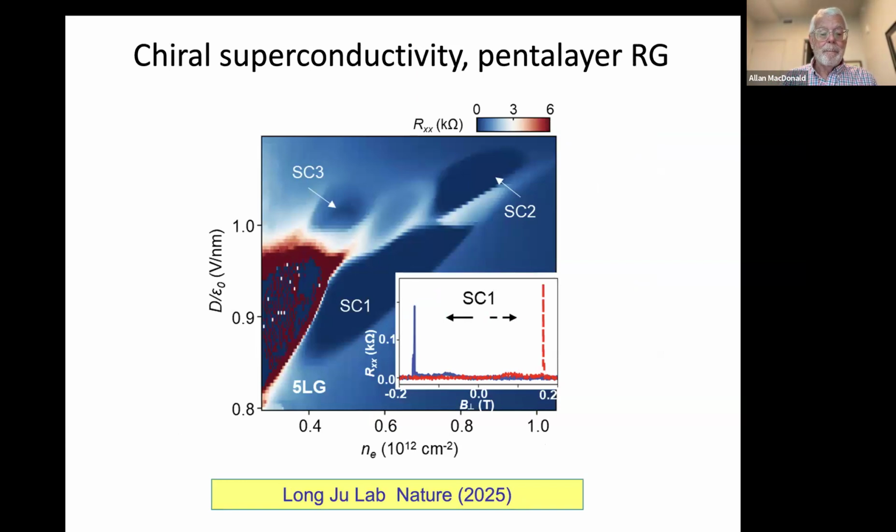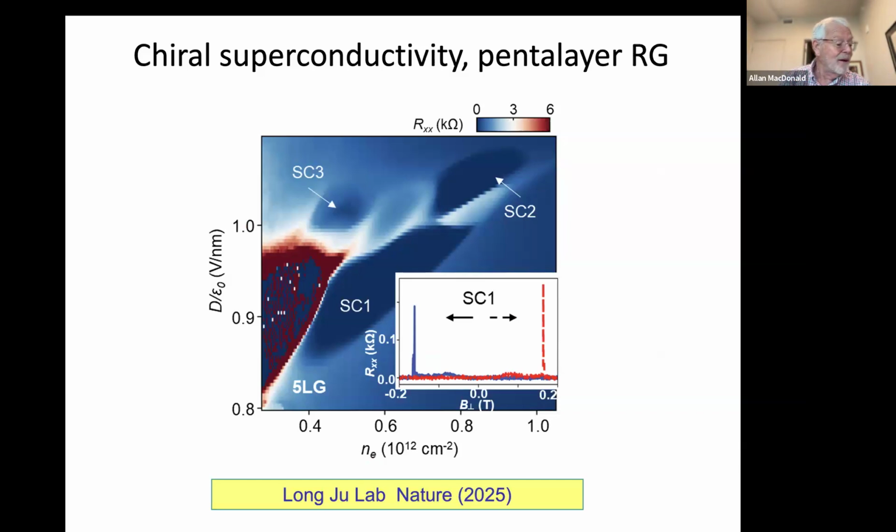Okay, so let me see what I was going to say next here. So that's my sort of unreliable guide to the galaxy of rhombohedral graphene.